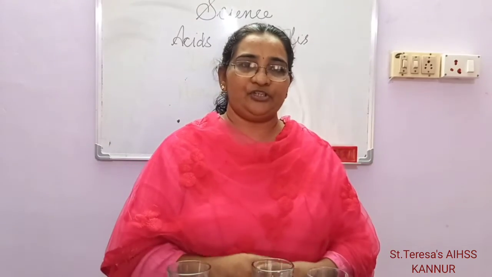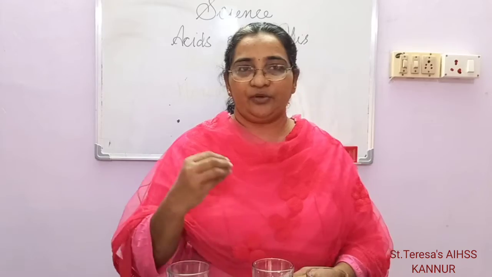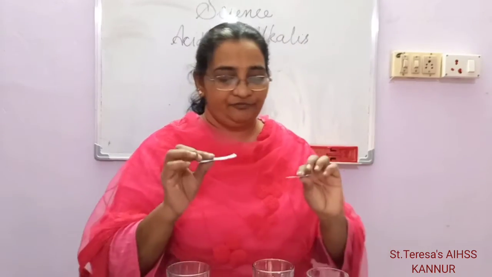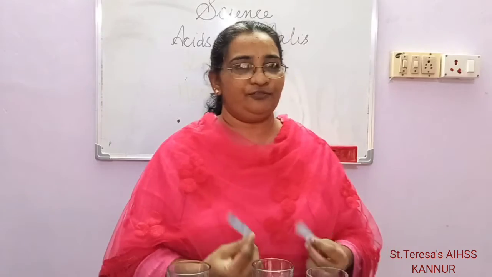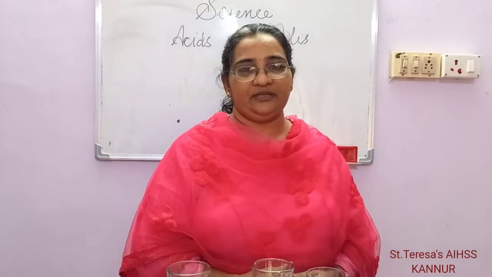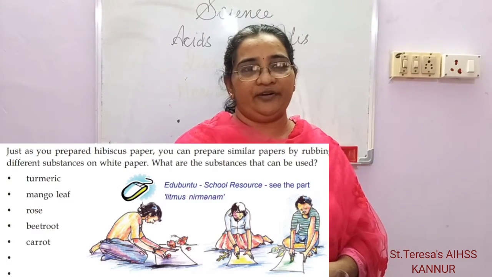Now you have to do a little small project for this week. So what is that project? Here to make a hibiscus paper, we used hibiscus shoe flower, isn't it? In the same way, you have to take other materials that are available. Which are the other materials? It is given in the textbook already.